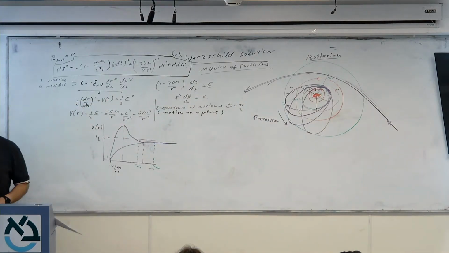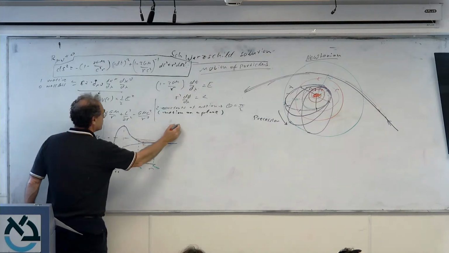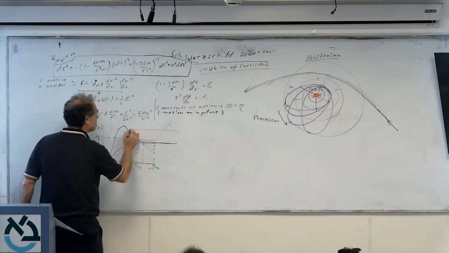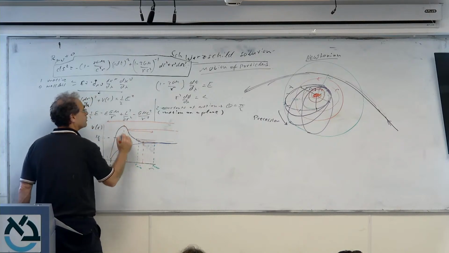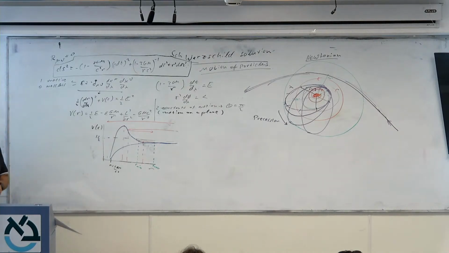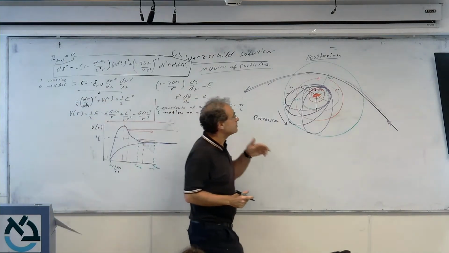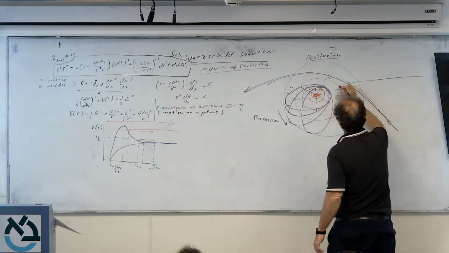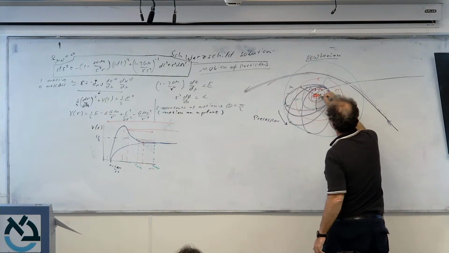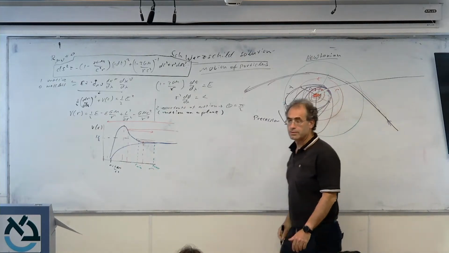And also for the unbound orbits, you have trajectories that go and turn, the same as the trajectories we had previously. We now also have trajectories that would go and simply spiral inward and fall inward.